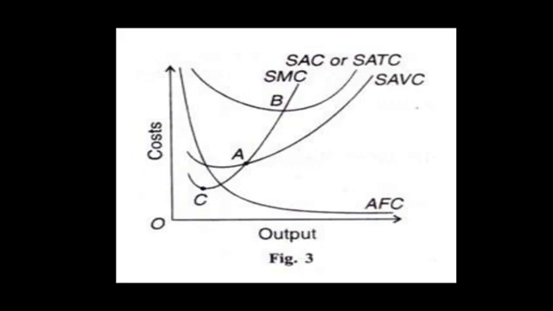Firstly, we see here that the marginal cost curve intersects the average variable cost and average total cost curves at their minimum points.